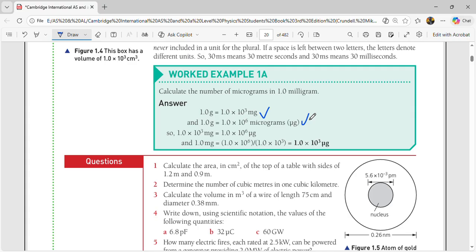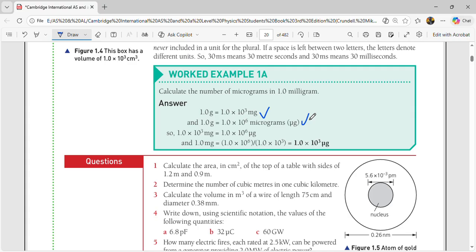We know 1 gram will be 1000 milligrams and 1 gram will be 1 million micrograms. Like that: 1 gram is exponent 3 milligrams and 1 gram is exponent 6 micrograms.